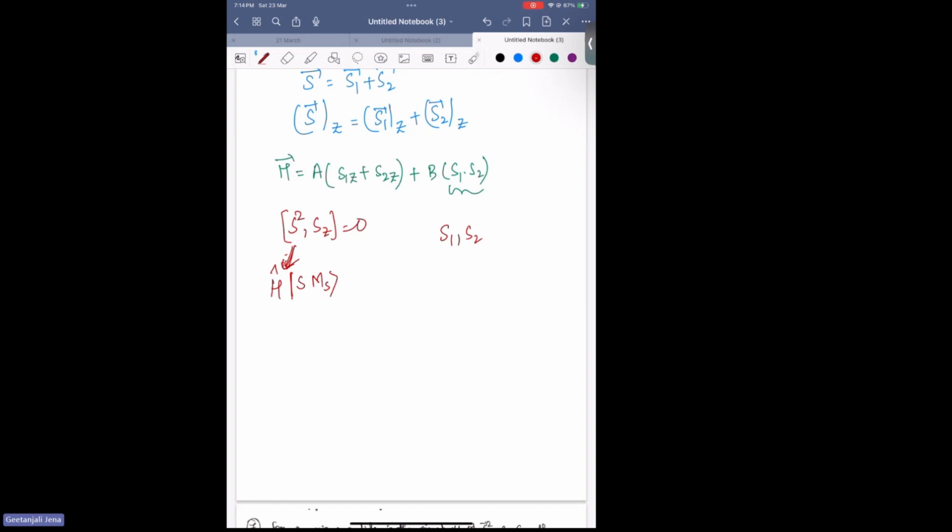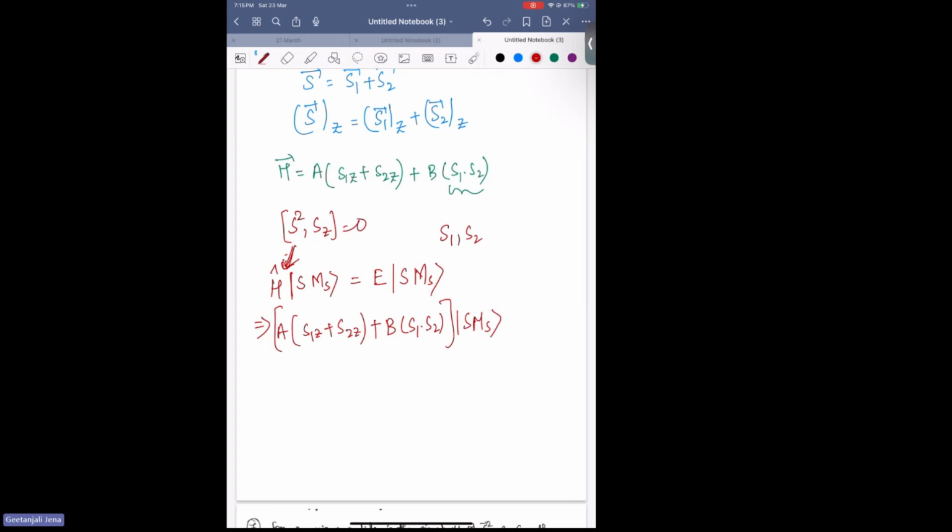If you act the Hamiltonian, you will get an energy eigenvalue with the same eigenstate |S, MS>. So let us see the left hand side: A (S1z plus S2z) plus B S1 dot S2, acting on |S, MS>.